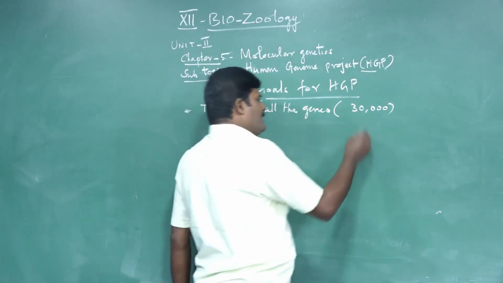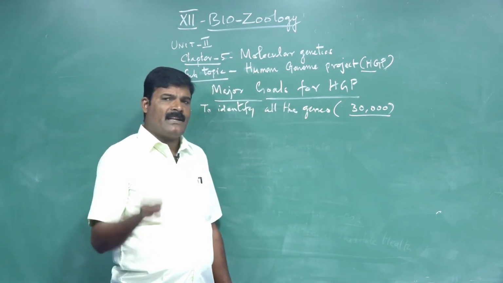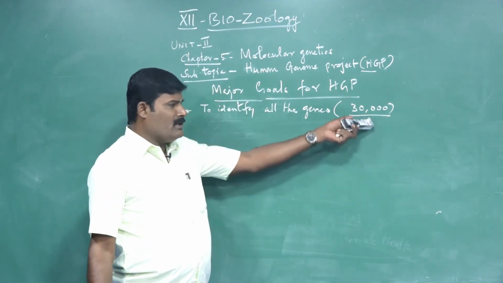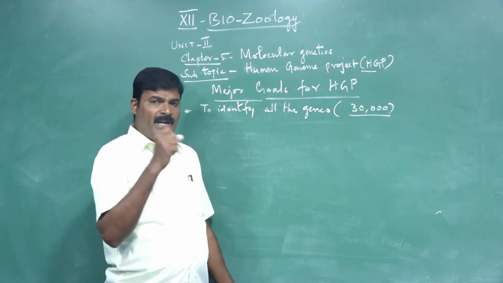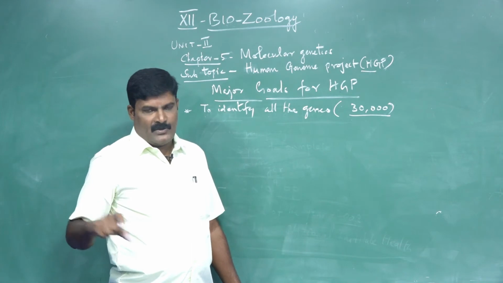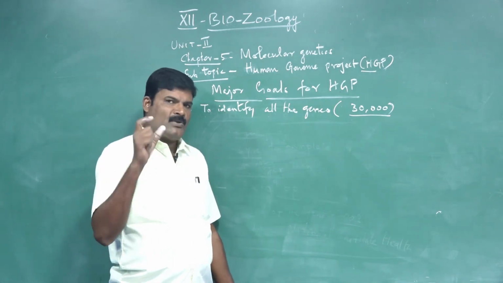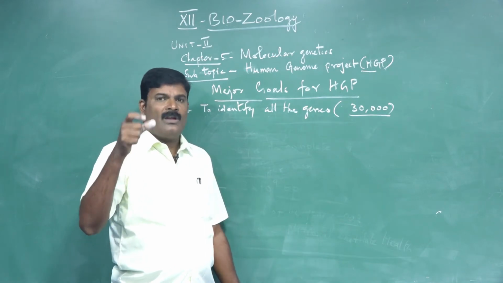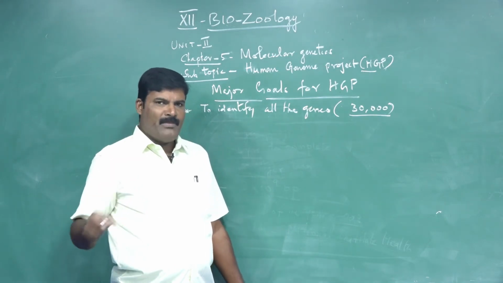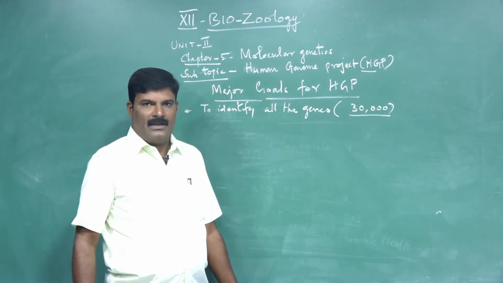So this is one more question: through the HGP, how many genes are identified in your cells? 30,000 genes. How was this information gathered? Through bioinformatics. The scientists isolated the chromosomes and DNA base pairs and identified the number of genes in a cell.